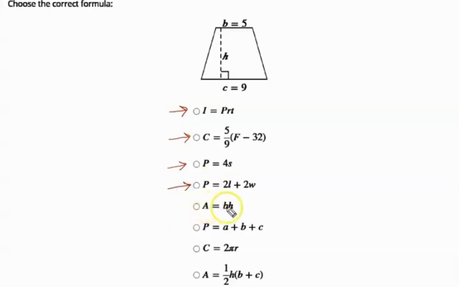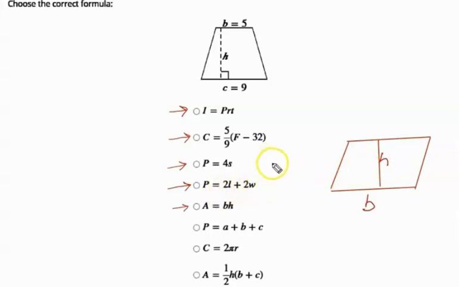This is the area formula, where it's base times the height, if we had a parallelogram, where this would be the base, and then this would be the height. So it's a modification of the regular formula for area that we run into of a rectangle. Area equals length times width.